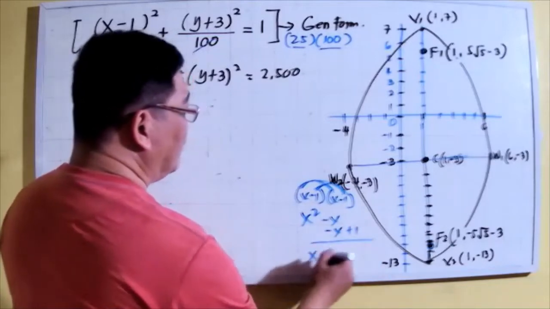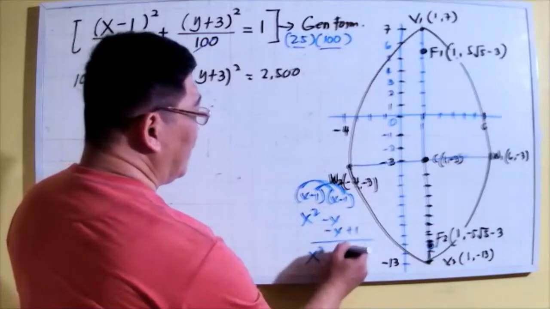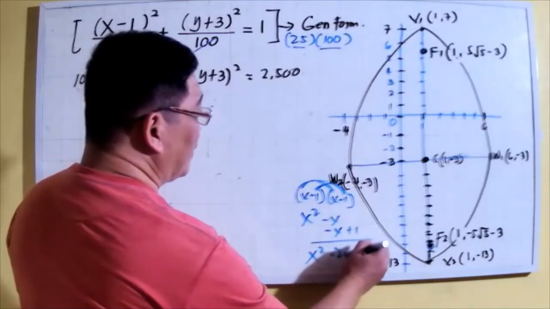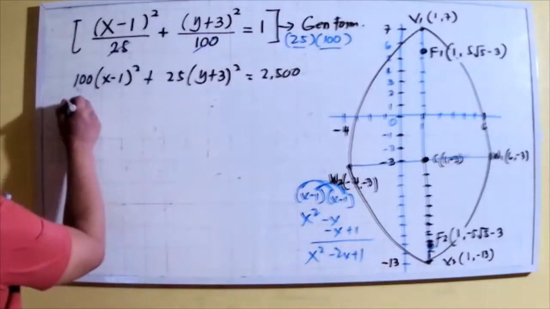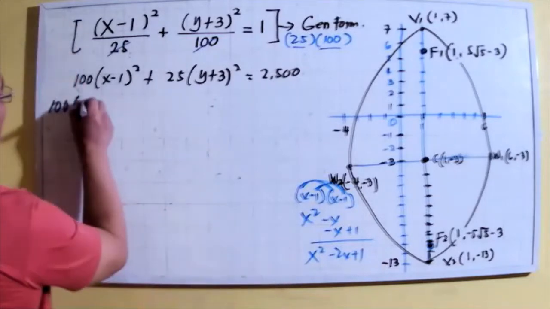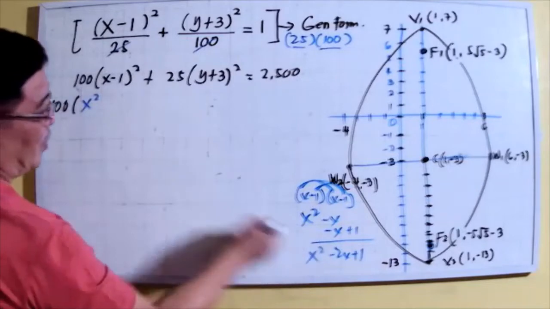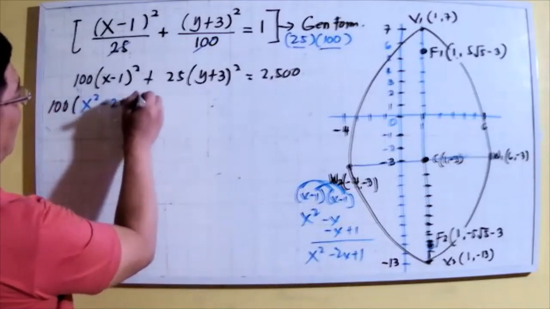We add, bring down x squared, negative 2x, plus 1. So, lilipat natin to dito. You have 100 times x squared minus 2x plus 1.